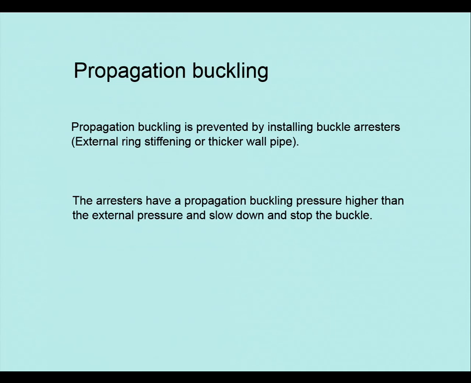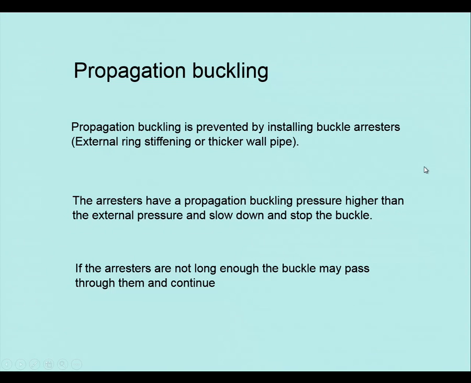And if they didn't make these long enough, the buckle propagates straight through onto the next one, and onto the next one. So buckle propagates buckle. Contractors don't like using them. If the ring is not long enough, the buckle will pass through them.